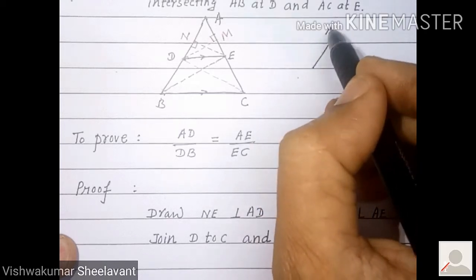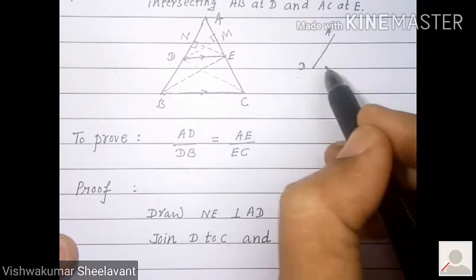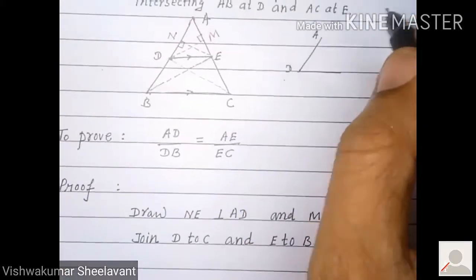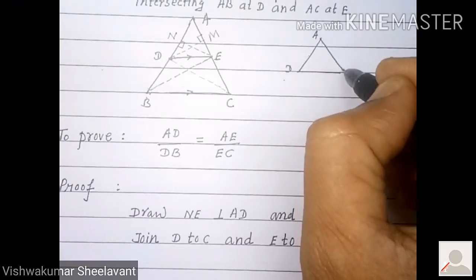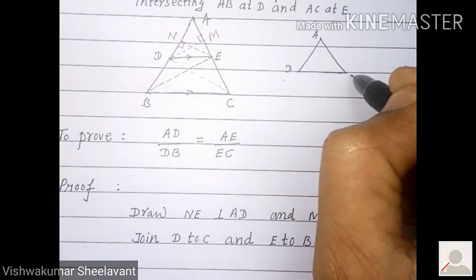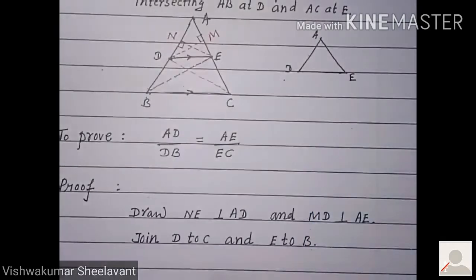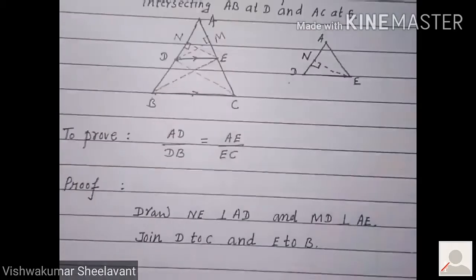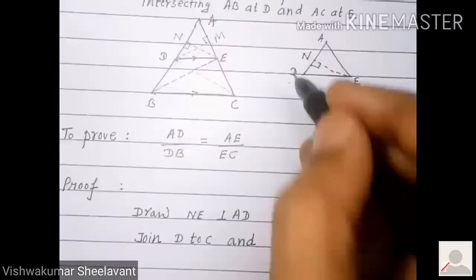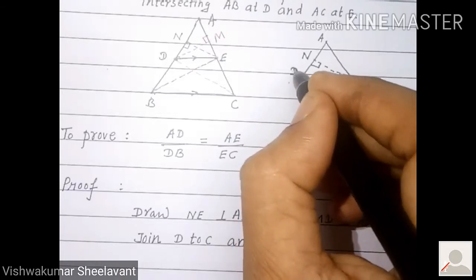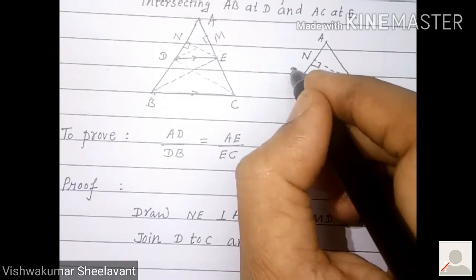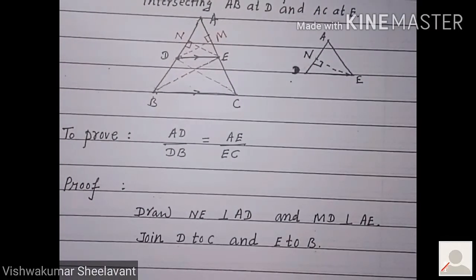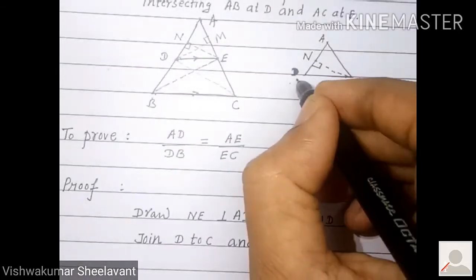It is A, it is D, and it is E. You have drawn a perpendicular NE to AD. It is D only, right? Or you can write here D.